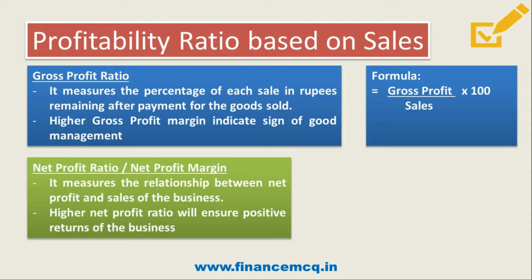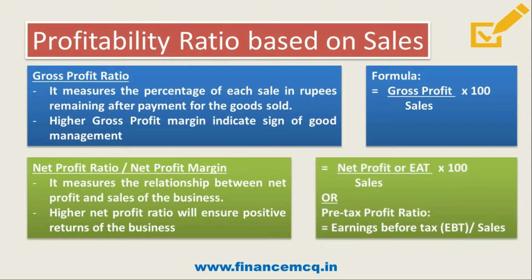And how is this ratio calculated? So friends, this ratio is calculated as net profit or earnings after tax upon sales into 100, or it can also be calculated based on pre-tax profit, that is earnings before tax upon sales. So in either way this ratio can be calculated.